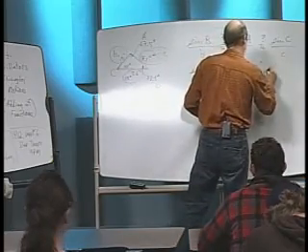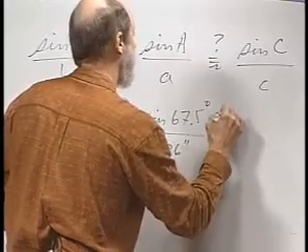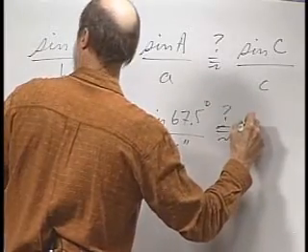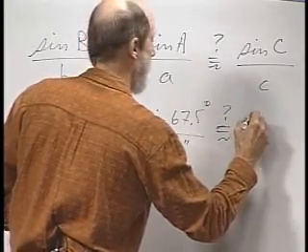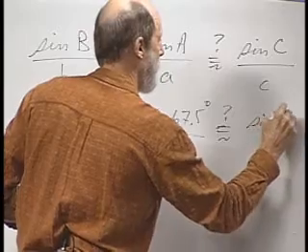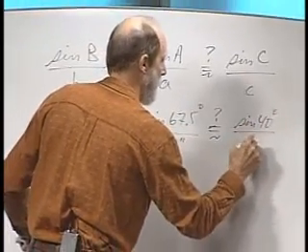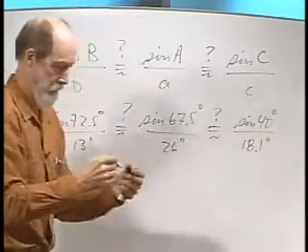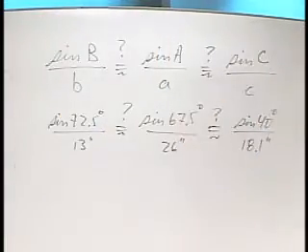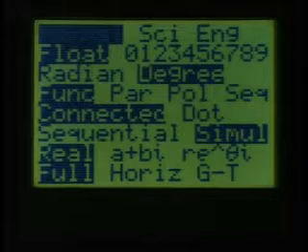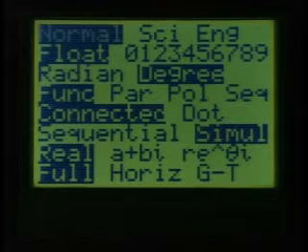And then we have the sine of C, which is 40 degrees, over its opposite side 18.1 inches. With those three values up on the board, all I'm going to do is take my calculator and make sure I'm in the correct mode, degree mode, and degree measure here.